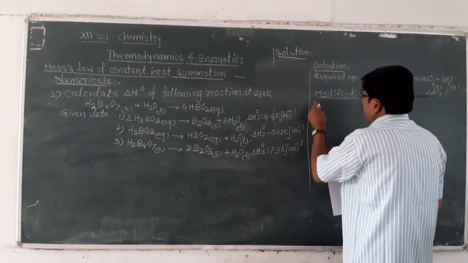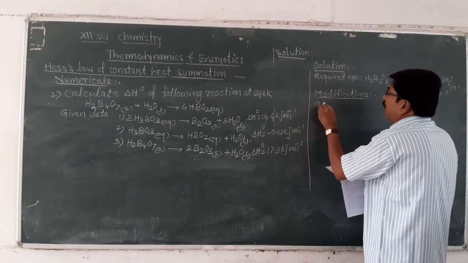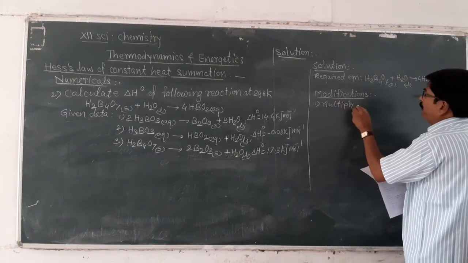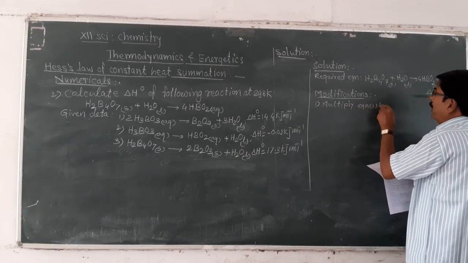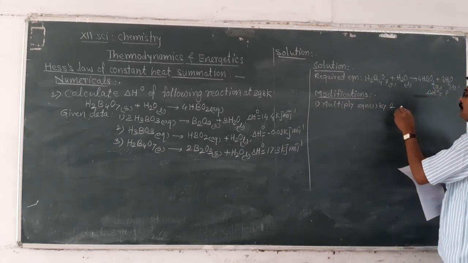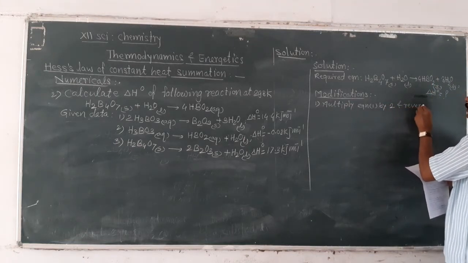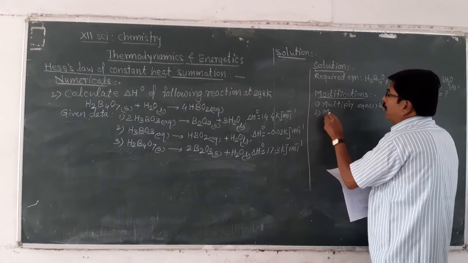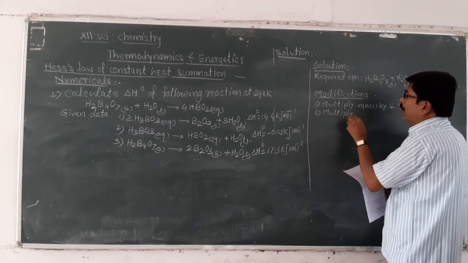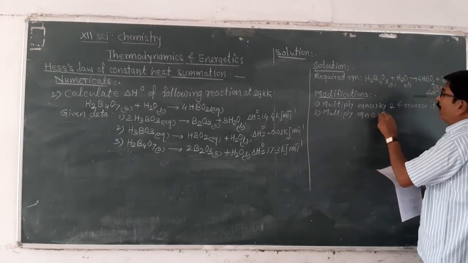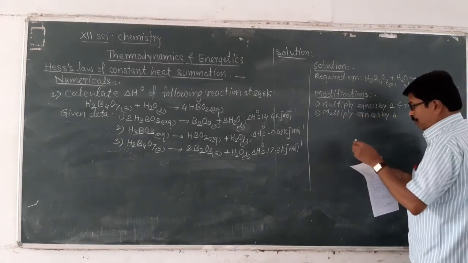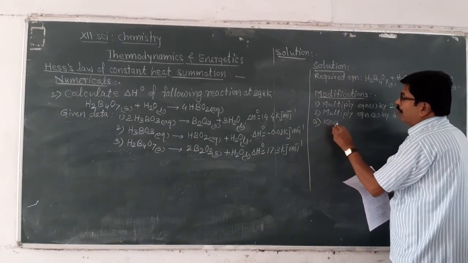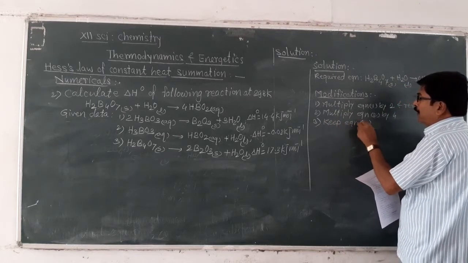That means the modifications are: multiply equation 1 by 2 and reverse it; second, multiply equation 2 by 4; third, keep equation 3 as it is.